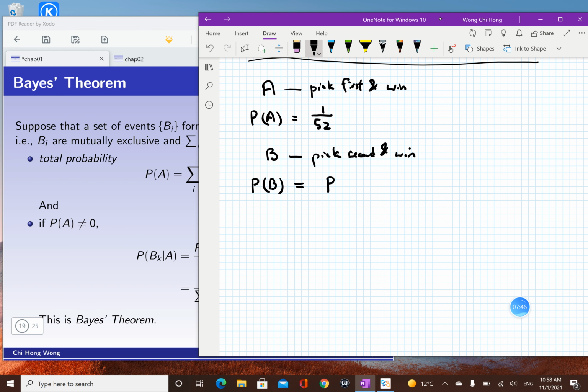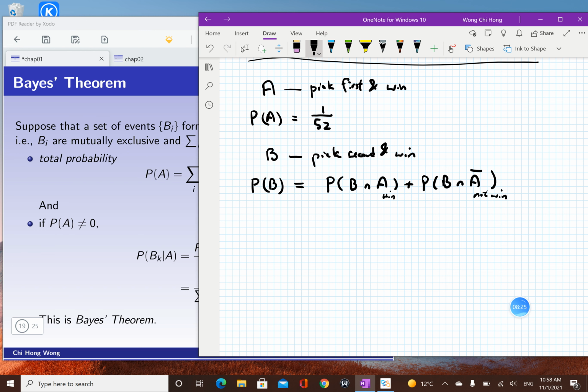You either have your friend picking out the winning card, or not. Either your friend gets the winning card, or he doesn't.